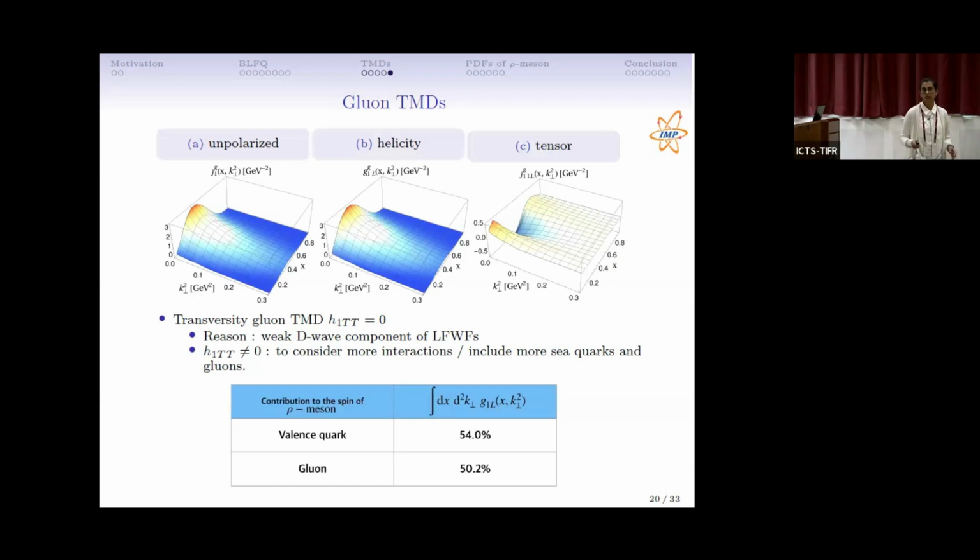The reason is the weak D wave in our wave functions. This D wave could be stronger if we include more quarks and gluons in our approach. For the current approach, we found that the contribution to the spin of the rho meson from the valence quark is 54%, and for the gluon case it's 50.2%.